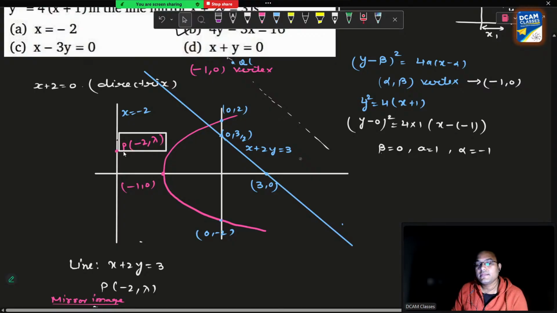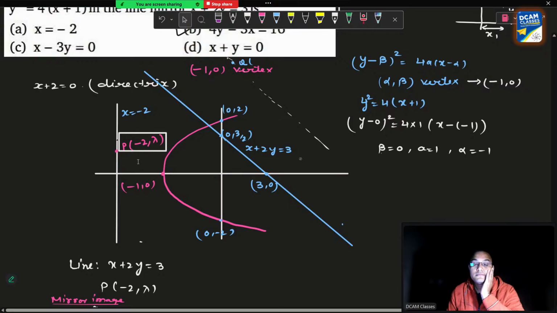So that's why the point P is -2, some random point that I don't know. Lambda is some random constant I have taken, because lambda can be anything since it's lying on the line. But one thing is for sure, the x coordinate on the directrix will always be -2. Clear?